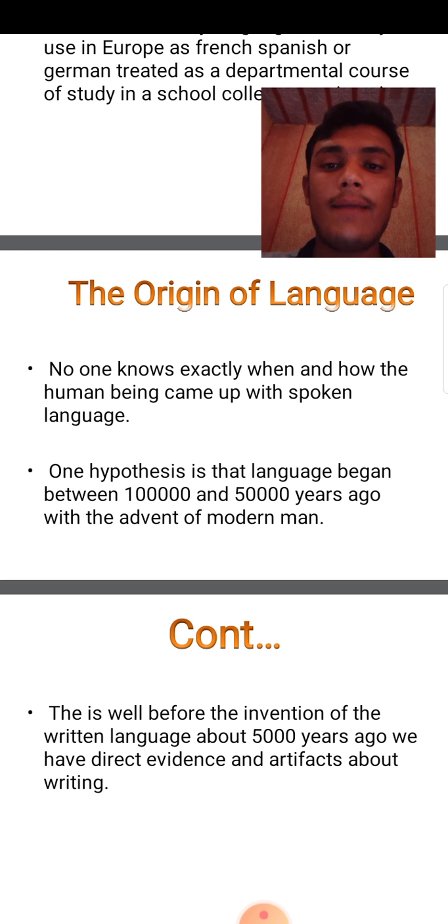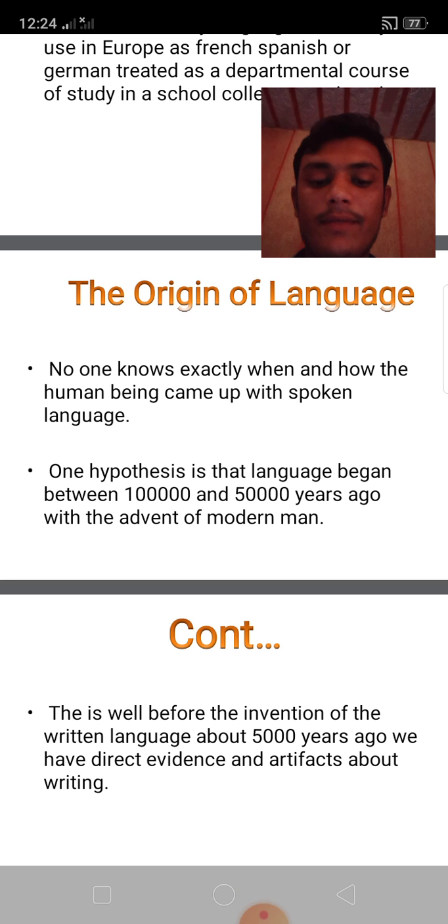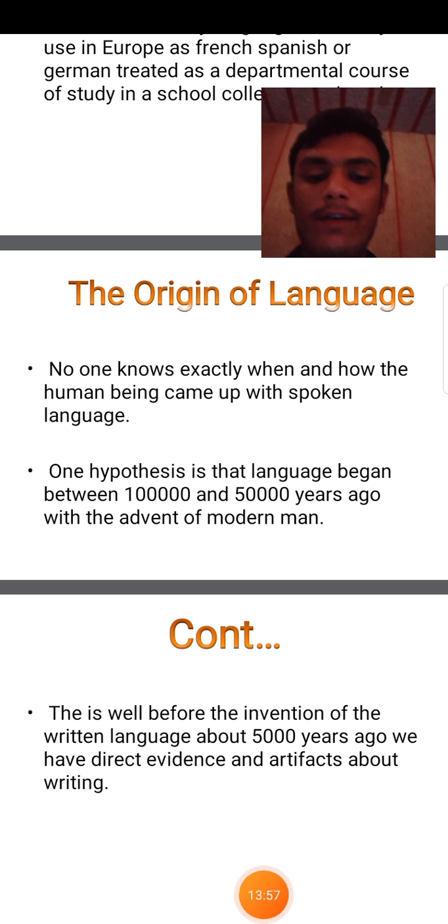In old times, people had no language, but they spoke with gestures, their elbows, their hands. Through their gestures they spoke, but there was no measure of language. But now language is compulsory for everyone.